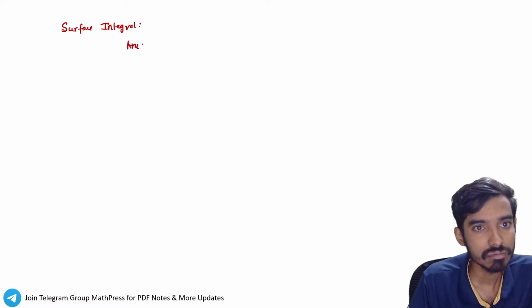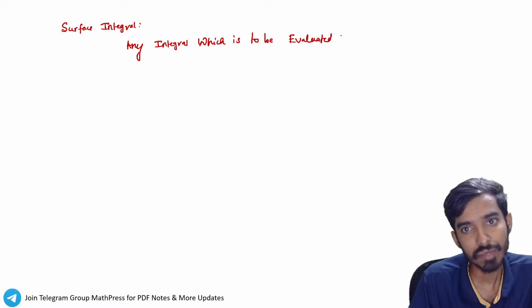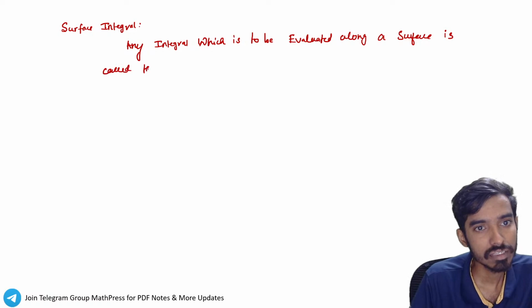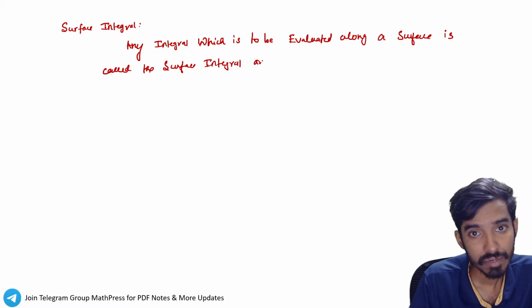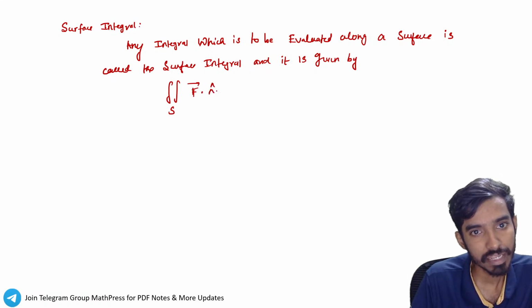Any integral which is to be evaluated along a surface is called the surface integral, and it is given by the double integral over S of F vector dot n cap dS.